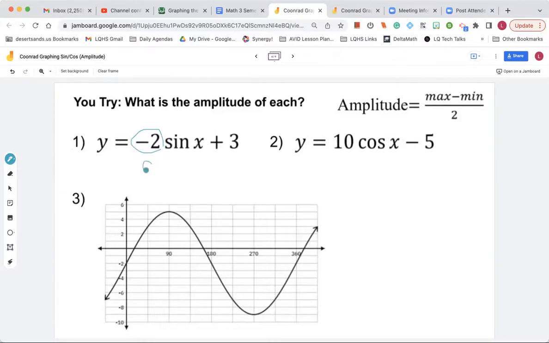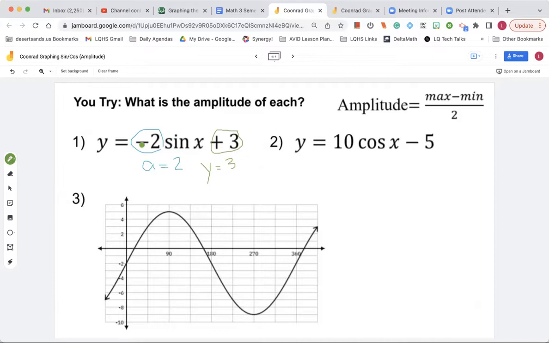So the amplitude is equal to just plain old 2, because it's really the absolute value of -2. This plus 3 tells us that the midline is at y equals 3. We know that it's a sine, so it goes 0, max, 0, min, 0, except because of this negative, it's going to reflect. We'll talk about this at the end of the video.